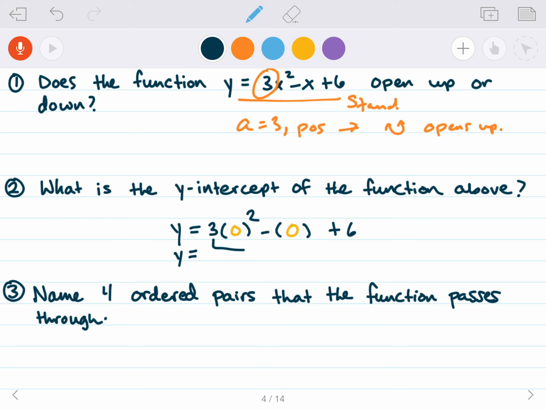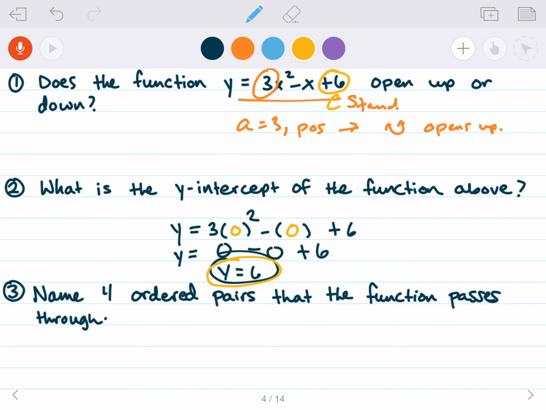So 0 squared is 0, 3 times 0 is 0, minus 0 plus 6, I end up getting a y-intercept of 6. And I didn't really have to do that work. I could just note that this is in standard form, and this 6 is c, and c is the y-intercept.